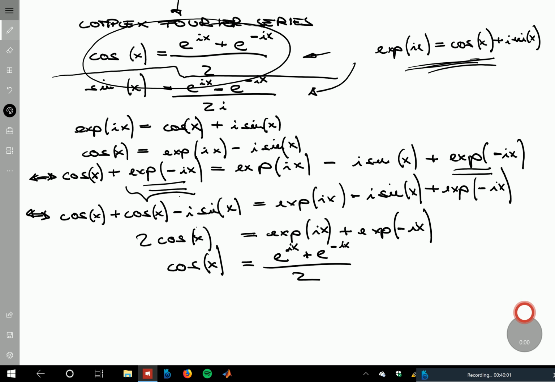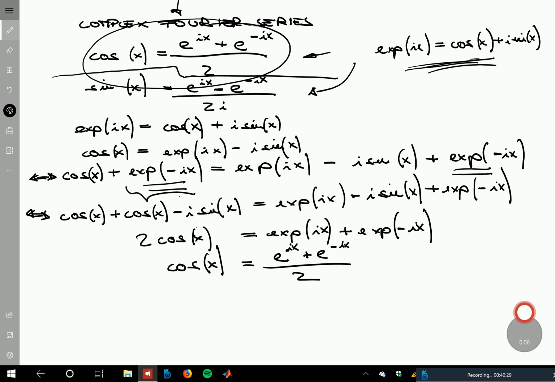So this is how this first equation comes about, and the second equation comes about in a very similar fashion. Essentially we wouldn't have to discuss them. But the problem is the complex rewrite of the Fourier series uses tricks at multiple occasions, and I don't want to rush that.